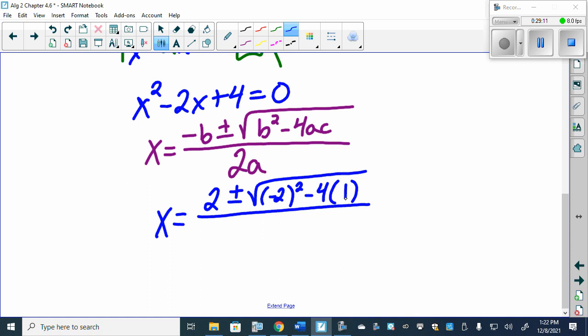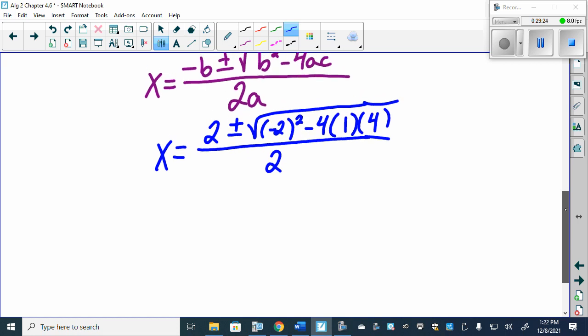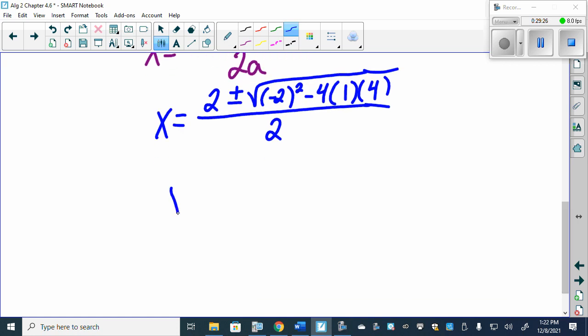Well, a is 1 times c is 4. All over 2a, 2 times 1, which gives us 2. x is equal to 2 plus or minus.